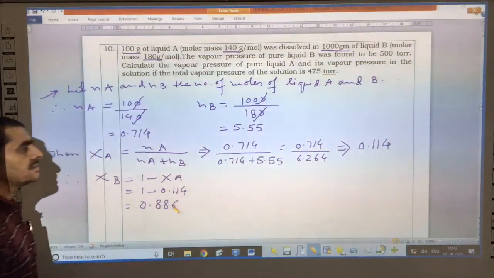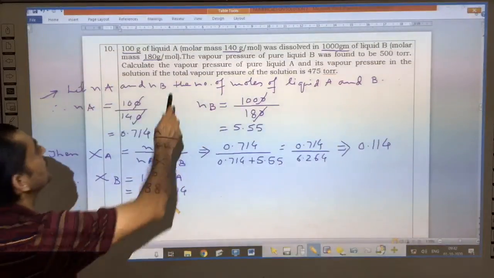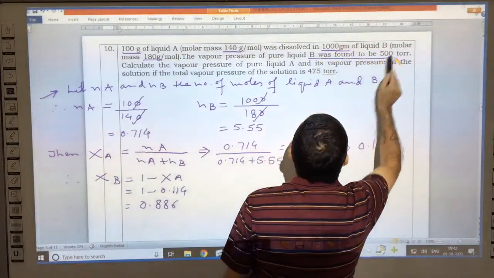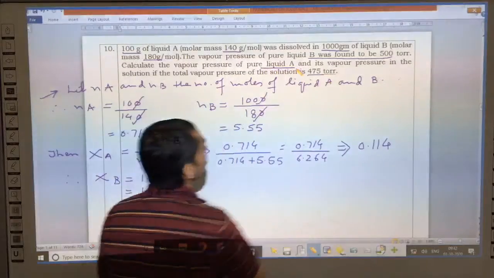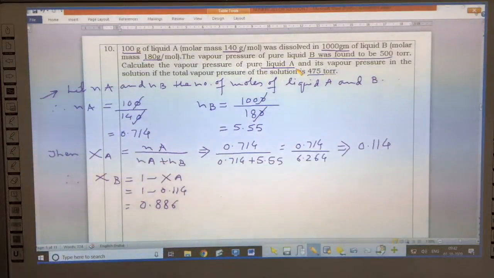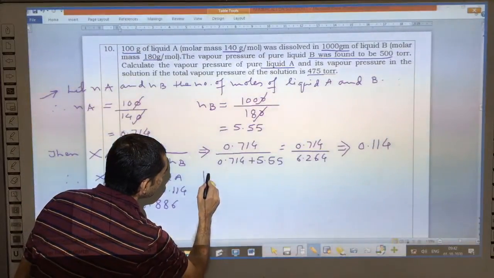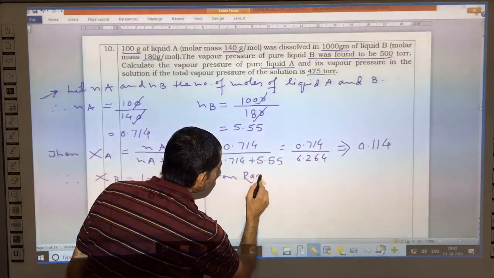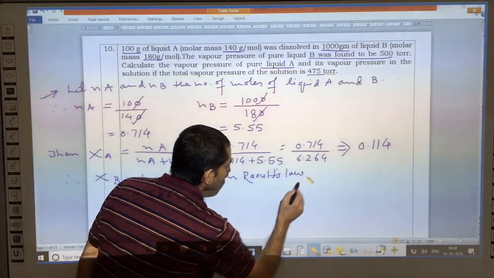Now this is the second part. We have calculated the mole fractions of both XA and XB. Now come to the next part. The vapor pressure of B was 500 and the total vapor pressure was given; we have to calculate the vapor pressure of pure liquid A. From Raoult's law, you know Raoult's law.